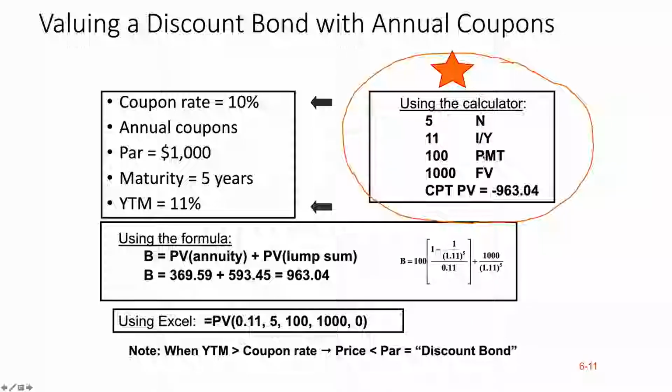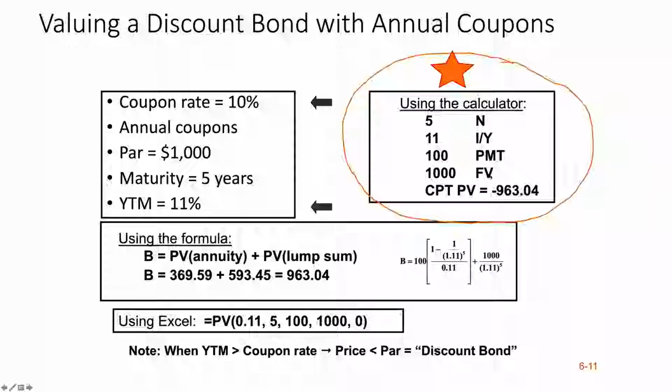The payment is a coupon payment. Coupon payment is equal to coupon rate times $1,000 par value. In that case, it's $100. So the $100 is the coupon payment, and $1,000 is the future value.